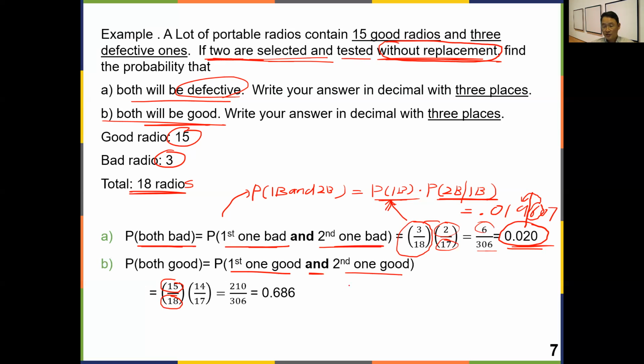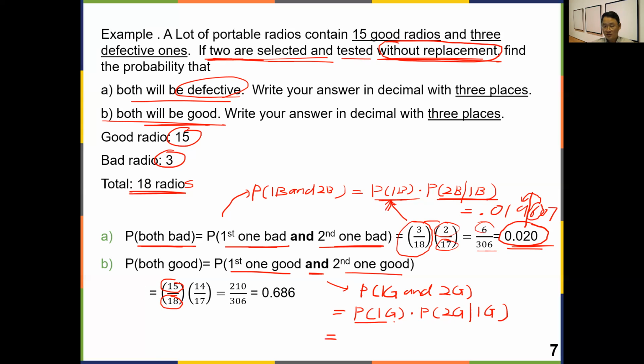But if I rewrite this, this is the probability that the first one is good and the second one is good. That means the probability of the first being good times the probability of the second being good, but we have a condition: the first one has to be good too.